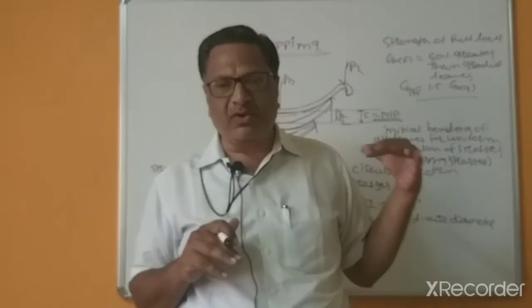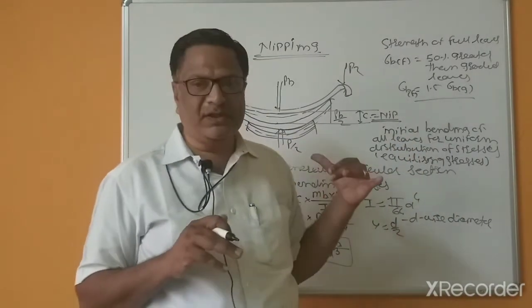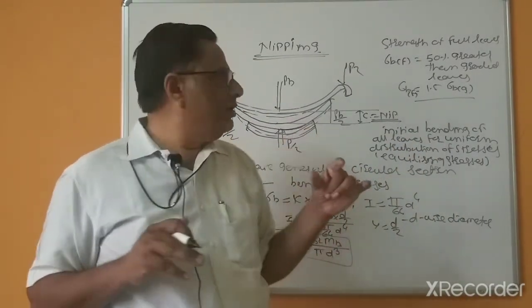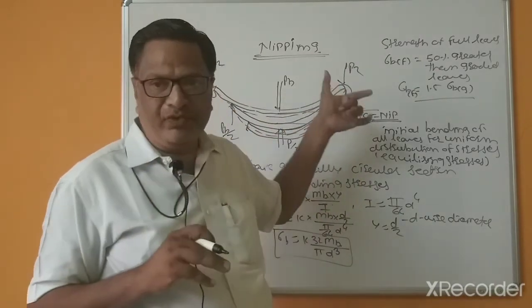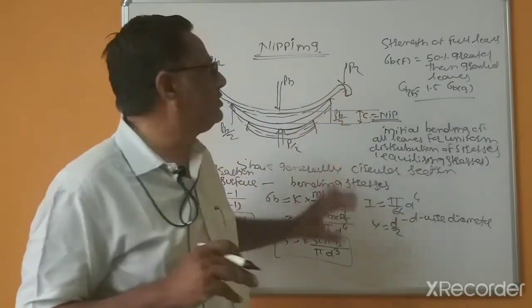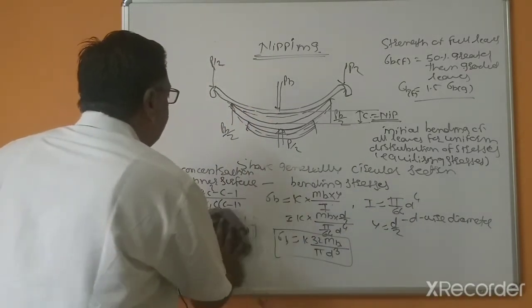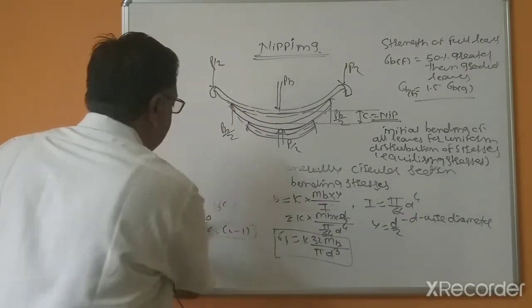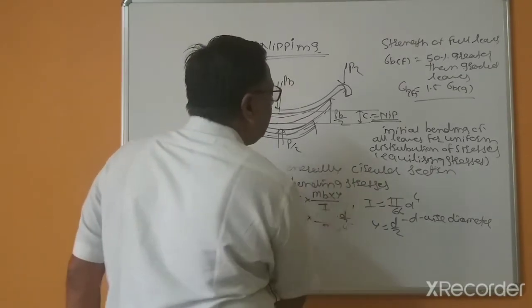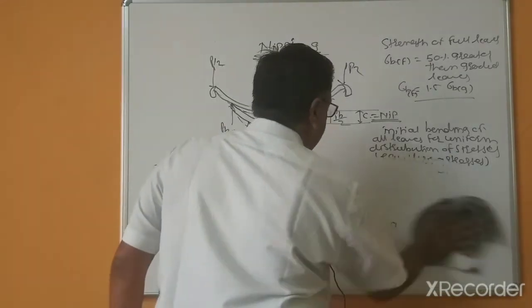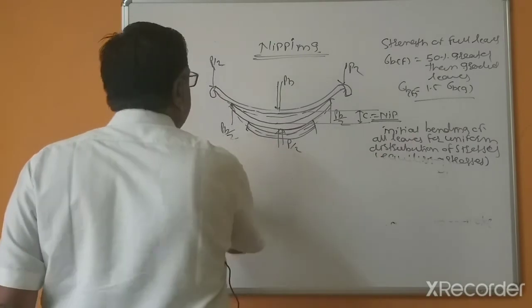That process is called nipping, and this is the difference between the radii of curvature of the full leaves and graduated leaves. Another important term related to our chapter is the shot peening method.